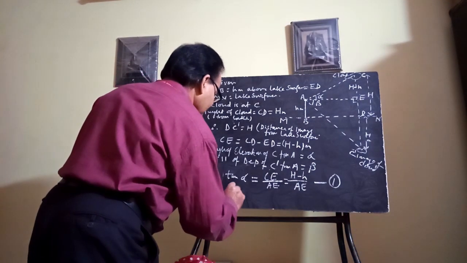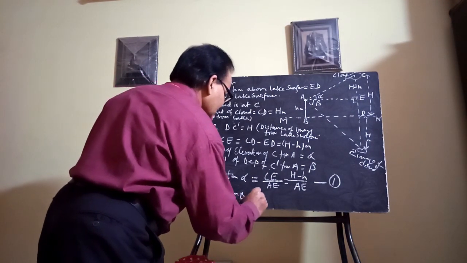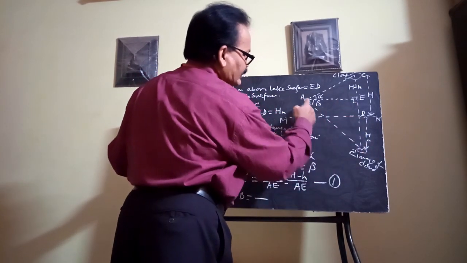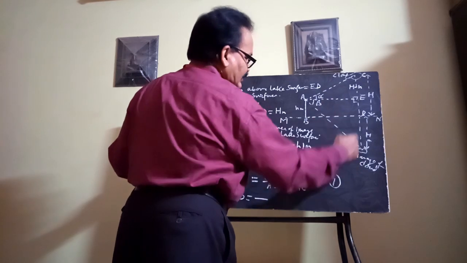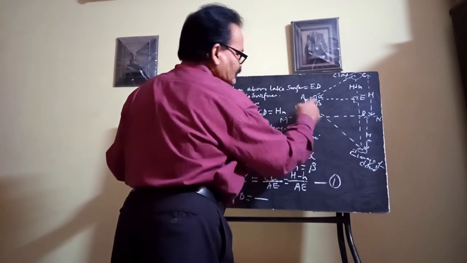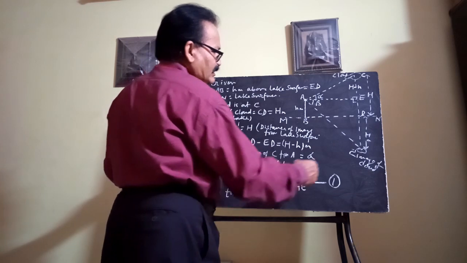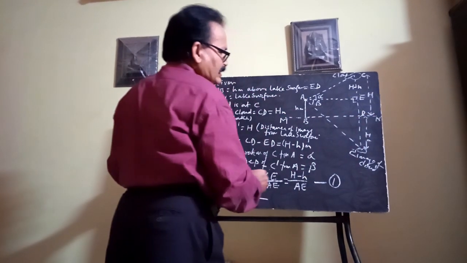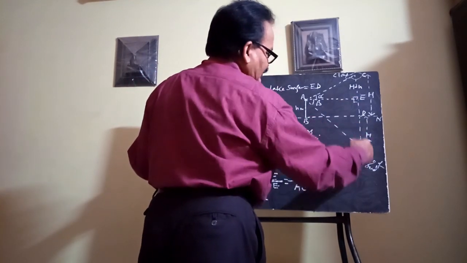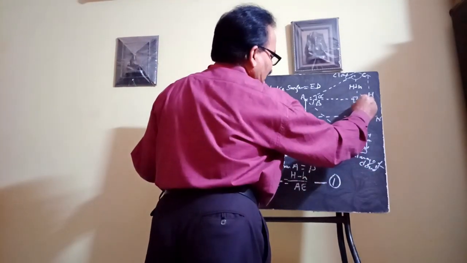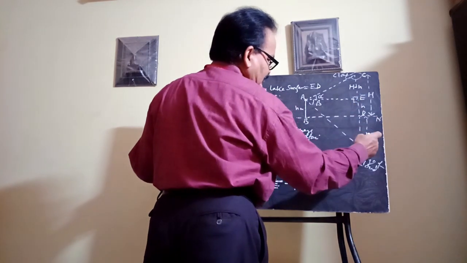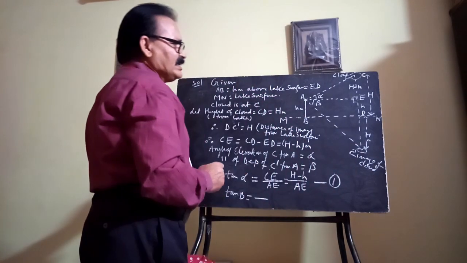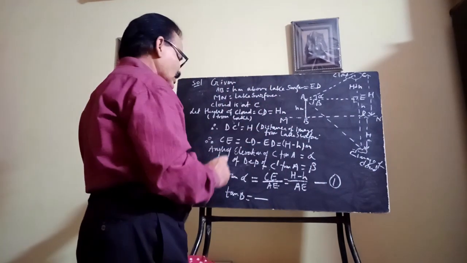Now tan beta. For beta you have to take the right angle triangle AEC dash. Then this will be your perpendicular and this will be the base. Here this perpendicular, this part is your H and this is your h. So EC dash is your capital H plus small h.